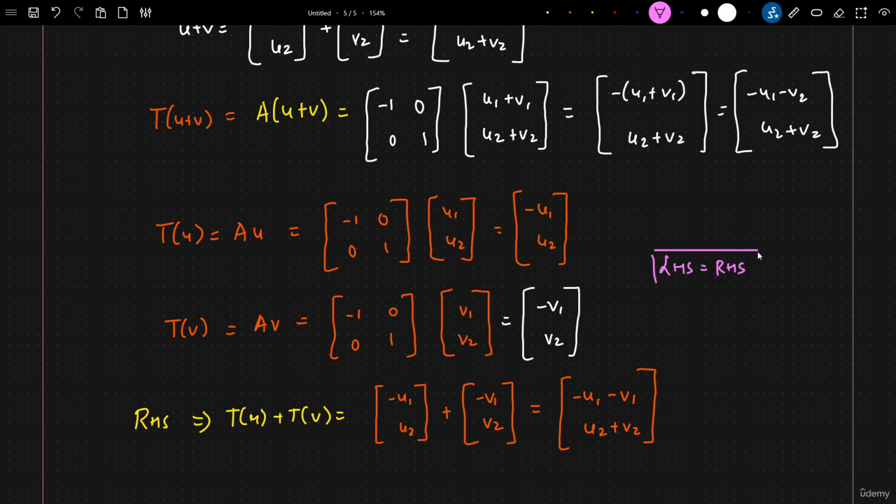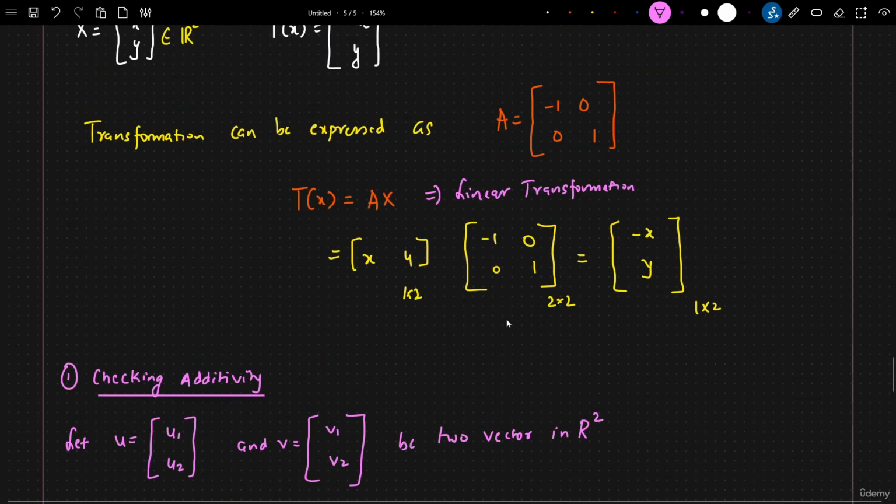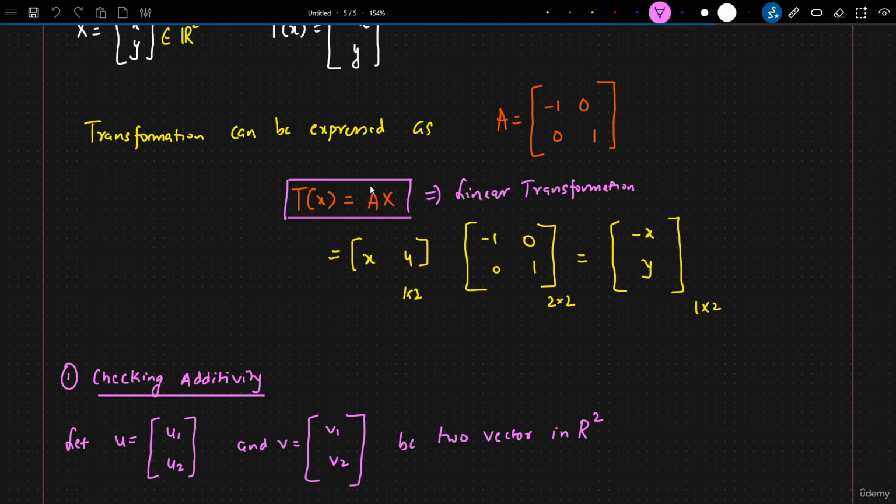Since LHS is equal to RHS, we can say that the transformation technique that we have applied over here is a linear transformation for these specific vectors. And this means that if you select any kind of vectors, this will follow.